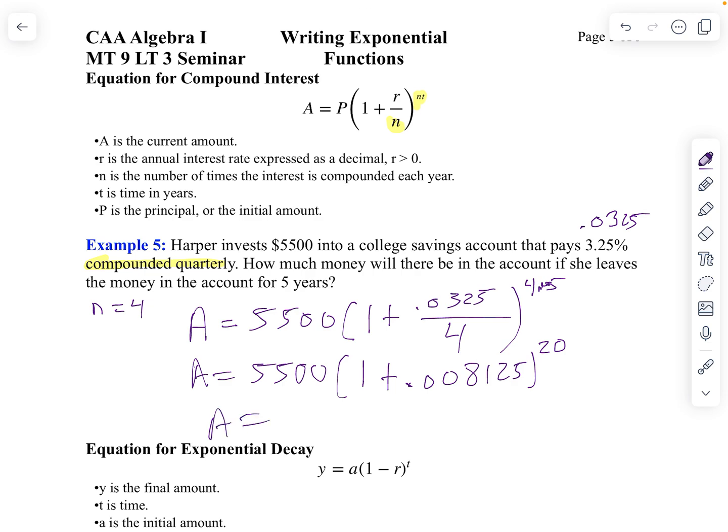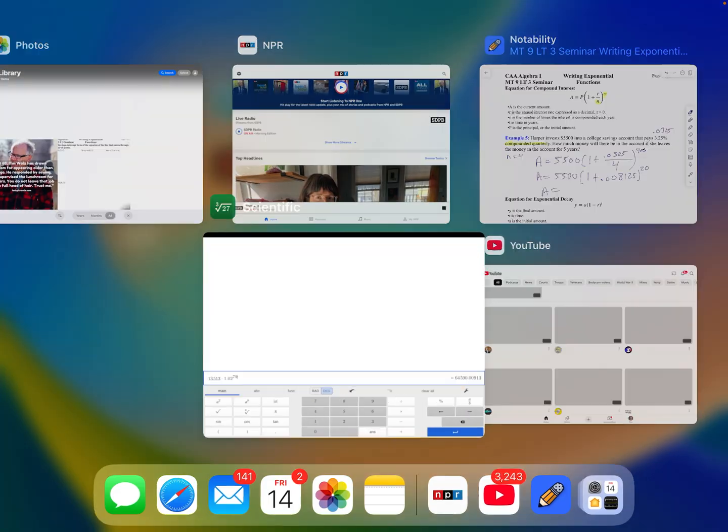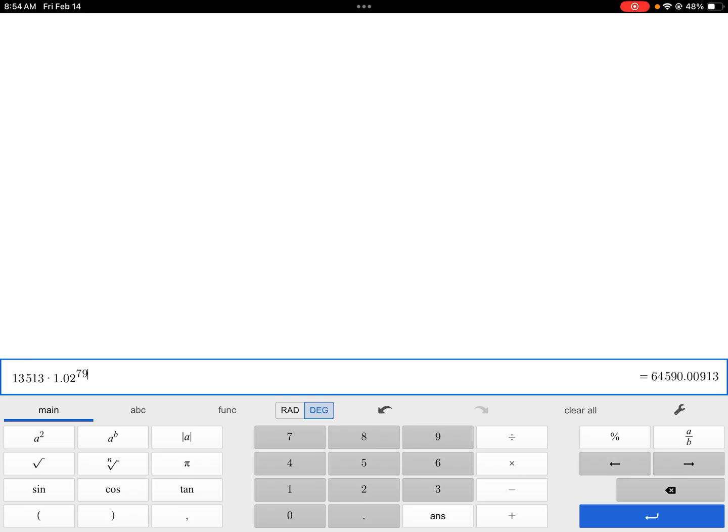So I'm going to say 5,500, oops, I got one too many zeros. So 5,500 times 1.008125, and we're going to raise that to the 20th power.